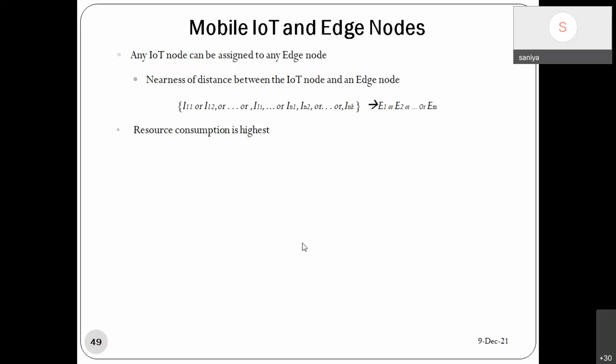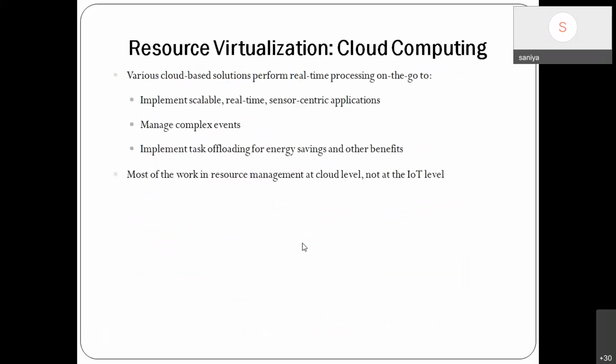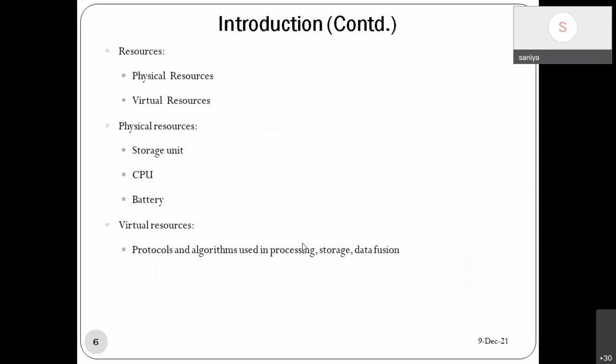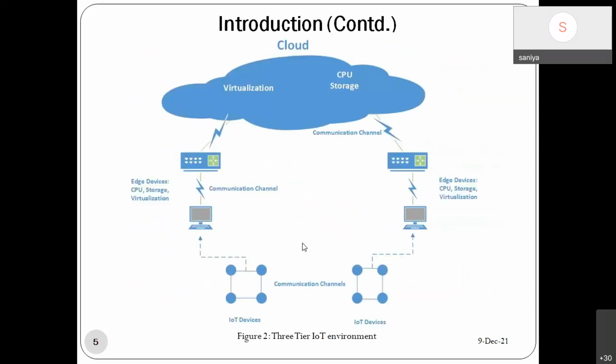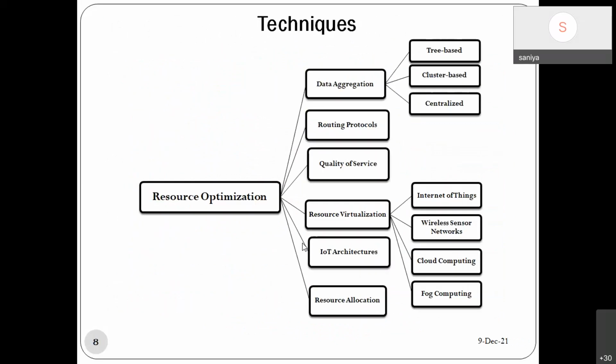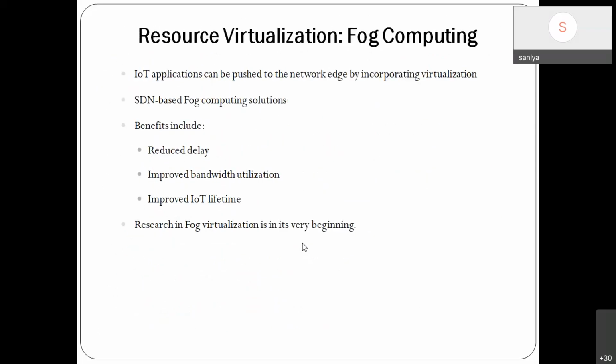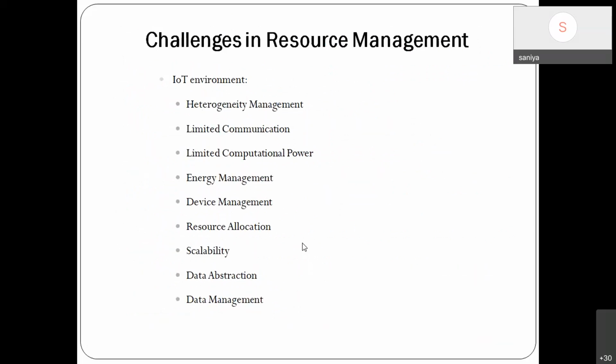So that's why the main aim of today's lecture was to make you first understand what IoT is, and why we are doing research in resource constrained IoT devices, what the various techniques are, and the areas where work has been done. Then these are the areas where you can work on these challenges.